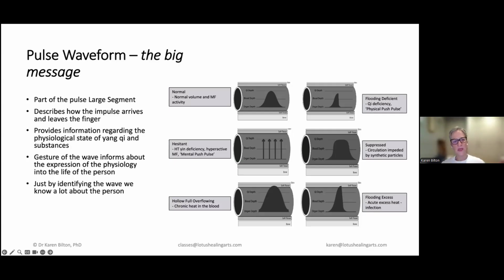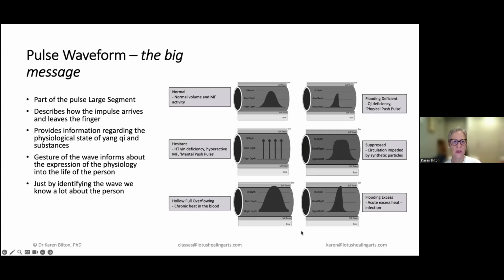So you can see that the waveform gives us an awful lot of information regarding the state of the yang qi and substances of the body, but also the gesture of this wave informs us about the expression of that physiology into the life of the person. By identifying the wave, we already know a lot about the person.